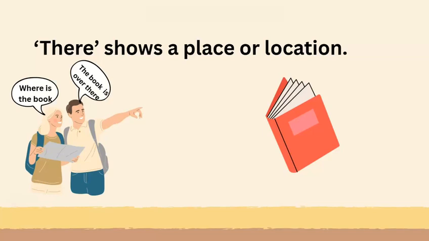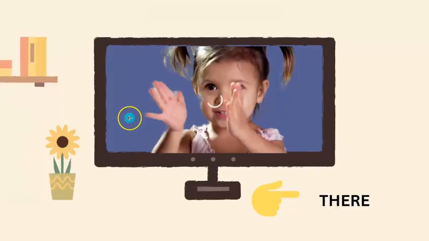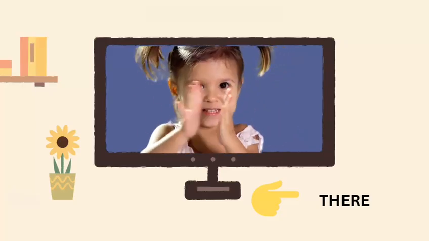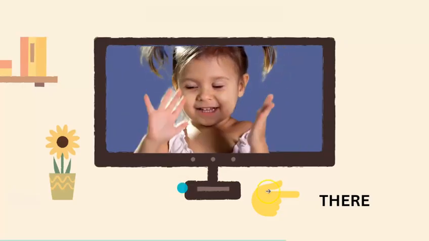Do you understand where I'm trying to go? Yeah, I know you understand. So we use this there to show location, and the other one, the one that has THEIR, to show ownership. Where is the book? The book is over there. Clap for yourself. You're doing a wonderful job.